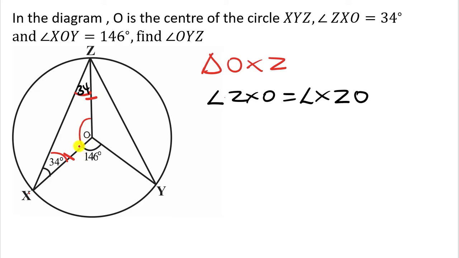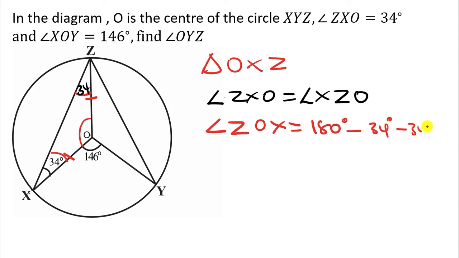All right, and what angle is that? It's angle ZOX. So our angle ZOX will be equal to 180 degrees minus 34 degrees minus 34 degrees.